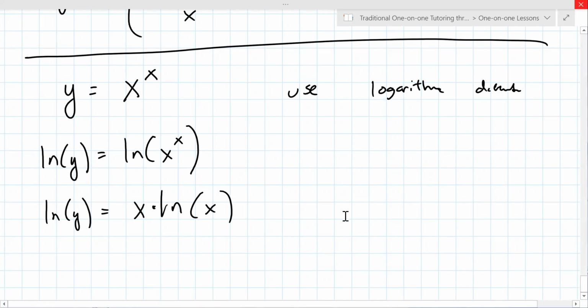So x times 1 over x plus natural log of x times 1, times y.